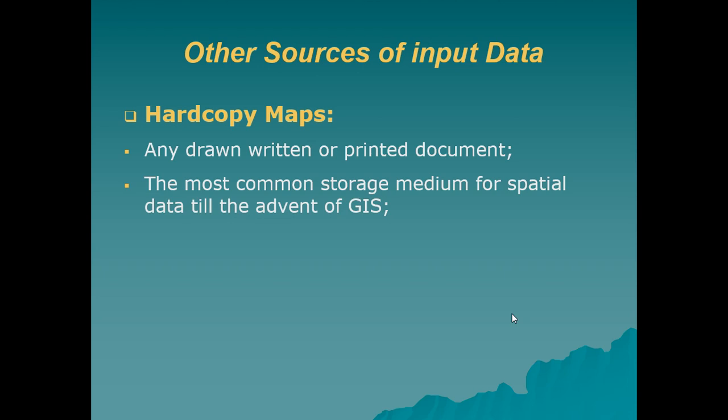If you recall, at the start of the semester, we identified hard copy maps as a source of data, where those hard copy maps would have to be converted into a digital format through automation or scanning. Additionally, other forms of documentation, such as written documents or printed documents, can also be put into the GIS, where, for example, you can link those documents to certain features.